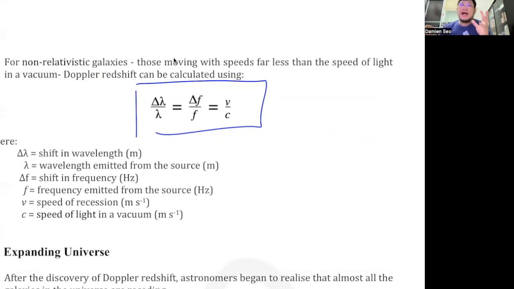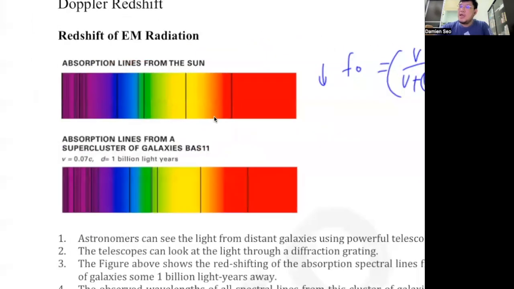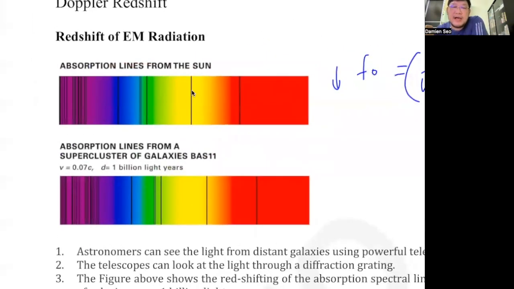So what do delta lambda over lambda, delta f over f, and v over c mean? For example, if you pick one wavelength here, this is the original wavelength when the star, or the source of the light, is not moving. But from that galaxy, it shifted to here, so this is the new wavelength. This dark line shifted to this position.